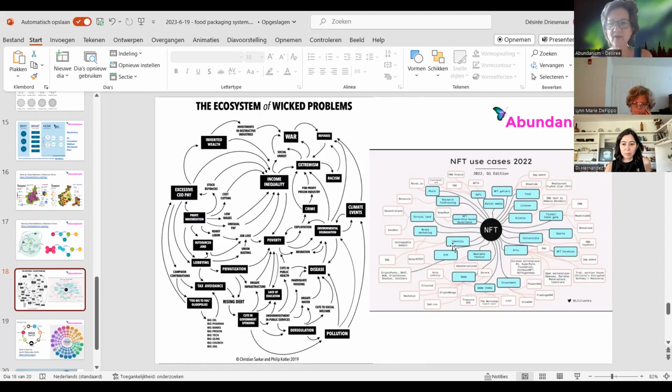Here you see on the right side, you see it a bit differently done. This is about NFTs, which are the non-fungible tokens. Also on the current digital ways of cryptocurrencies and how it all works with owner structures. NFTs are really about owning structures.